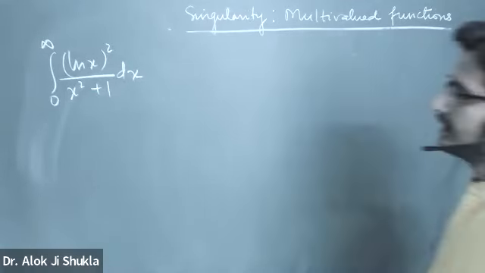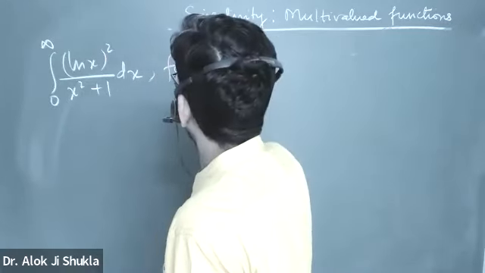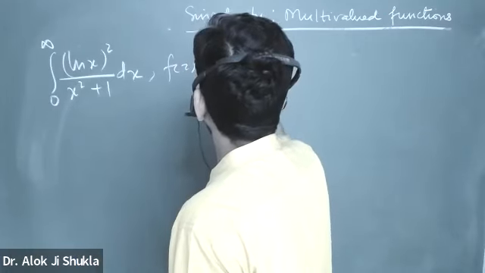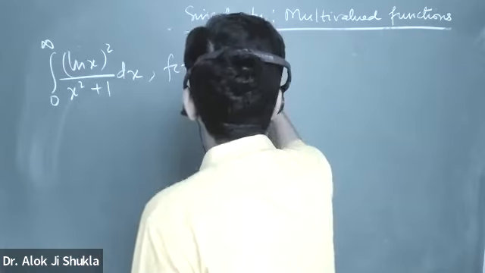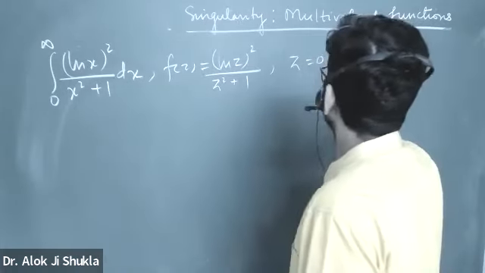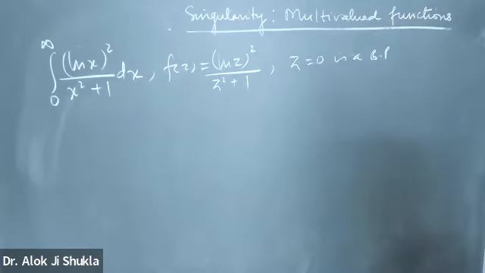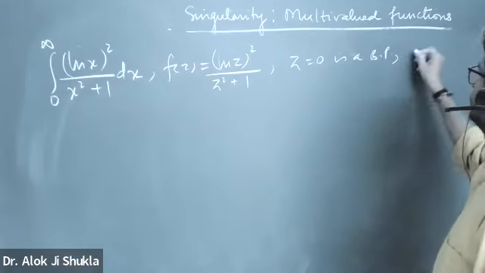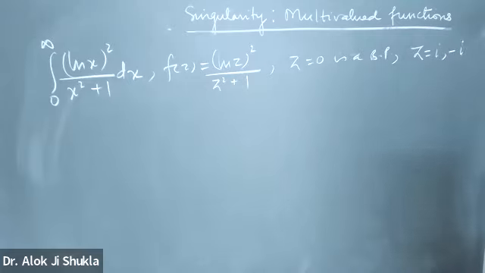Now can you see that if I convert the function f(z), it will become ln z square upon z square plus 1. And can you see that z equal to 0 is a branch point here? And what are the other poles? i and minus i.